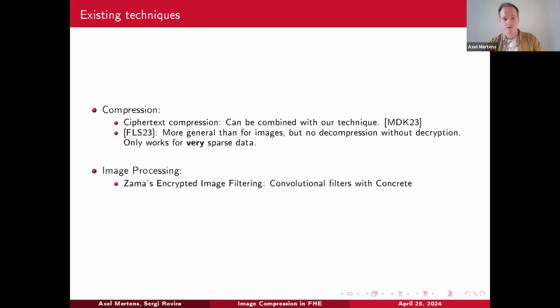Also, we have found that their technique only works for very sparse data. On the image processing side, however, there is the famous example of Sama. They did encrypted image filtering, so they also use convolutional filters using the Concrete library. Our technique of processing is pretty similar to theirs, but they do not offer compression.